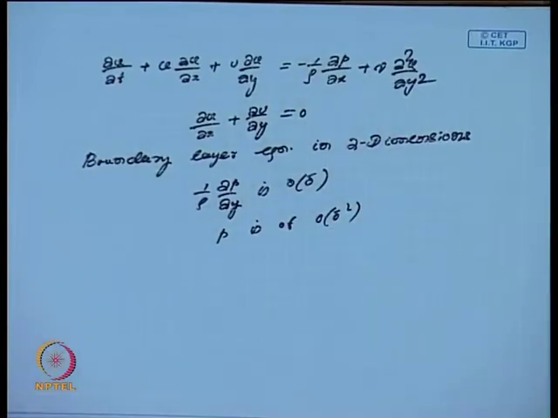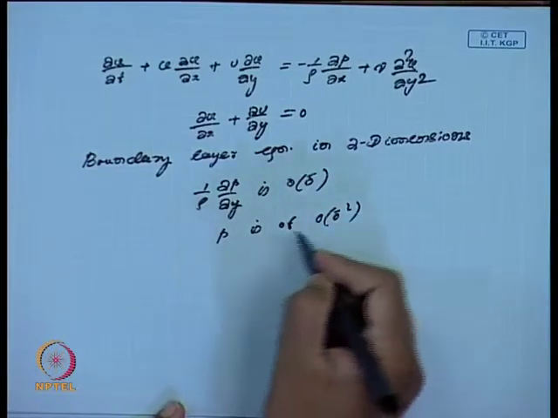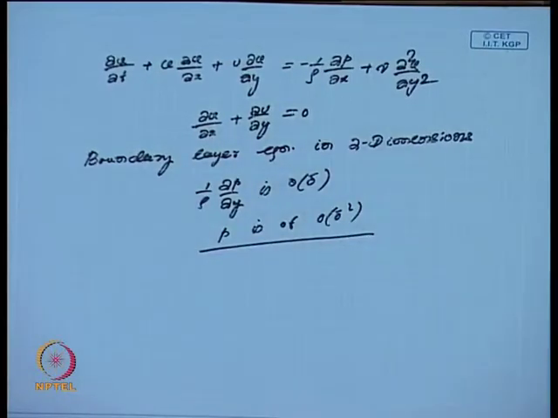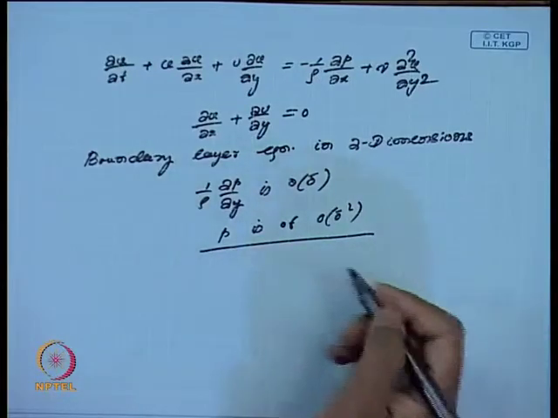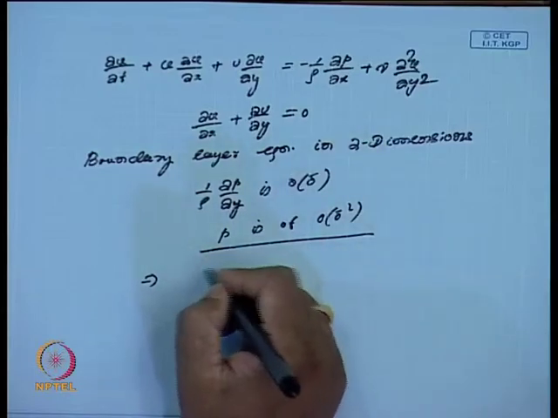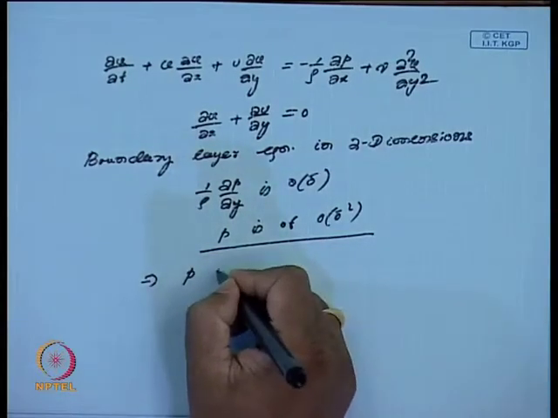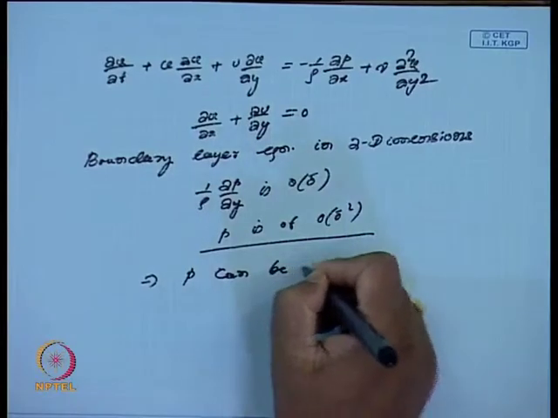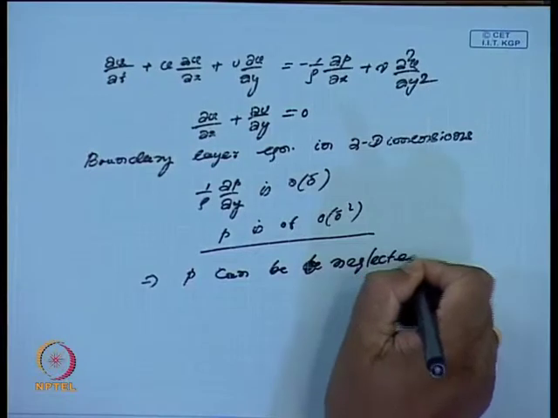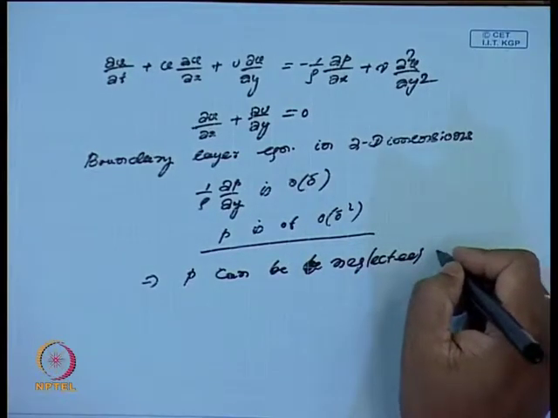So, p may be neglected, and so p is 0 along the vertical axis. So, p can be neglected across the boundary layer.